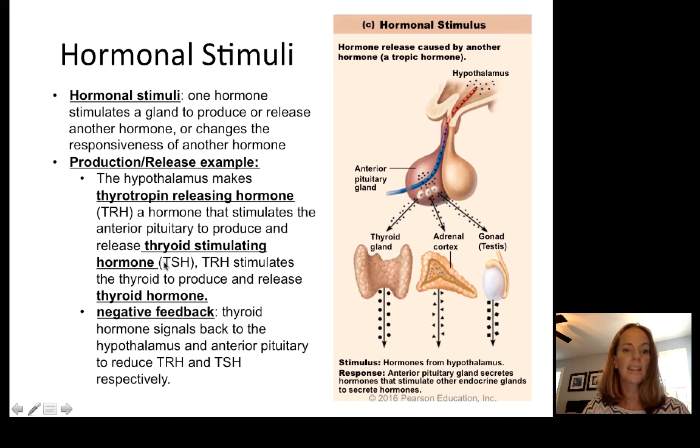TSH then, a second hormone, will cause the thyroid gland to produce the final hormone, thyroid hormone. So this is actually two levels of hormonal stimuli, hormone to hormone to the final release of the final hormone. And then the levels of that final hormone will signal back to the upper glands that they can slow down their activation.